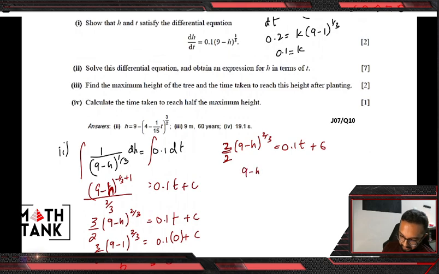Cross multiplying, that gives me 2/3 on that side multiplied by 2 and divided by 3. So 0.1 into 2 divided by 3 gives me 1/15 t plus 12 divided by 3 is 4.